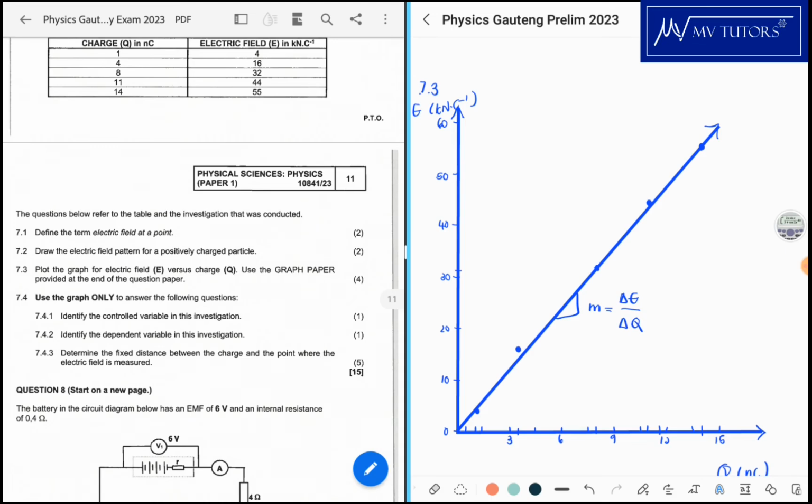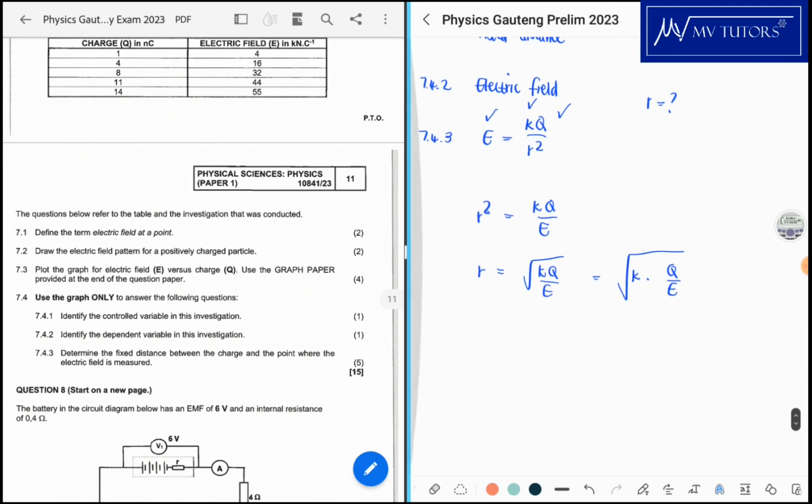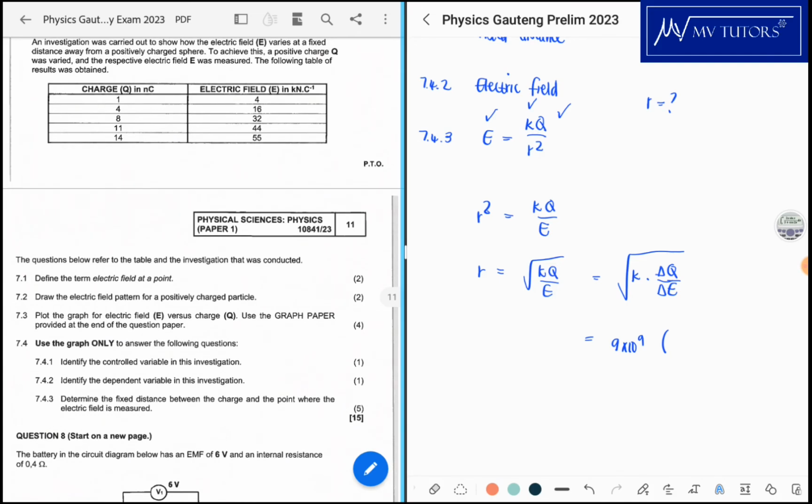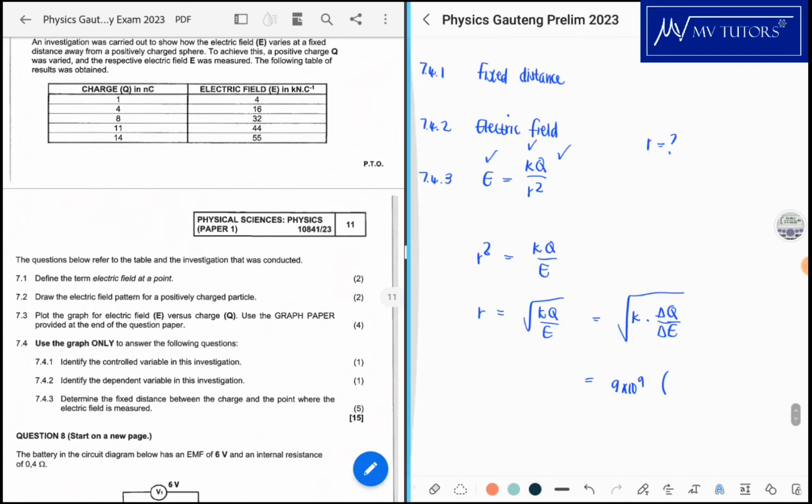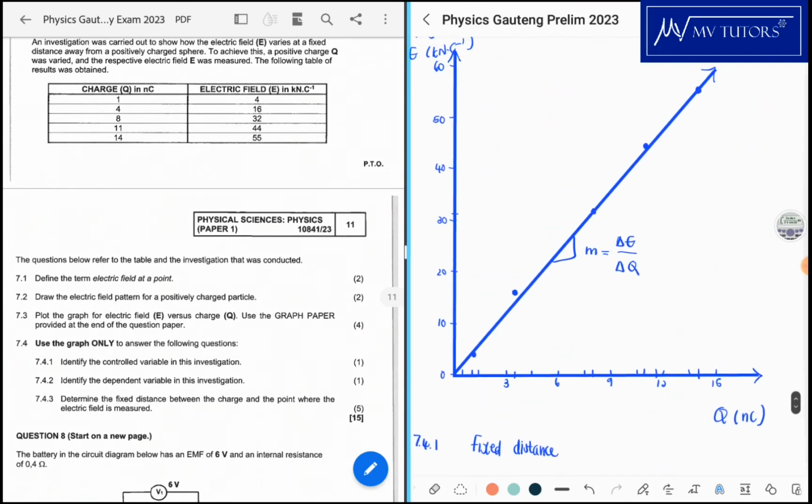Okay, and which 2 points do we want to use? I say let us go. So k, we know that it's 9 times 10 to the power 9. For delta Q over delta E, let me choose the 2 points that look like both of them are on the line.